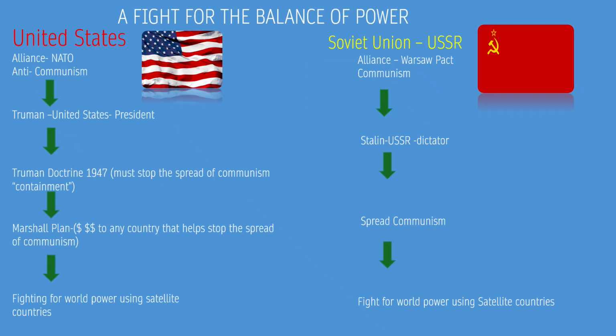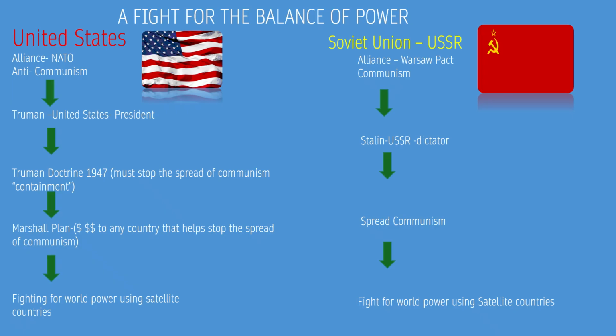All right, so let's look at this slide. This might help a little bit more. So we have both countries, balance of power. Nobody has a plan. The United States, our alliance is called NATO, North Atlantic Treaty Organization, which we still have today, and hopefully we will always have it. We are anti-communist. Truman is our president. Our plan is going to be called the Truman Doctrine.